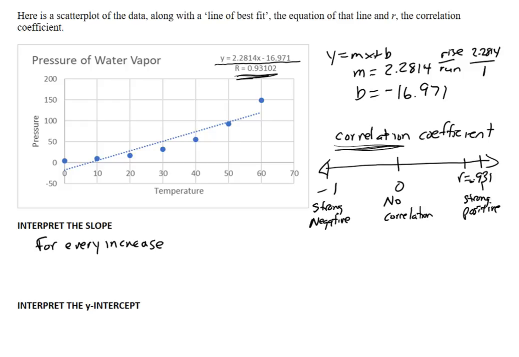of 1 degree Celsius in temperature, we don't need to write temperature because we wrote Celsius, the pressure increases, or is predicted to increase. Sometimes you'll see "is predicted to," sometimes they don't put that, to increase.